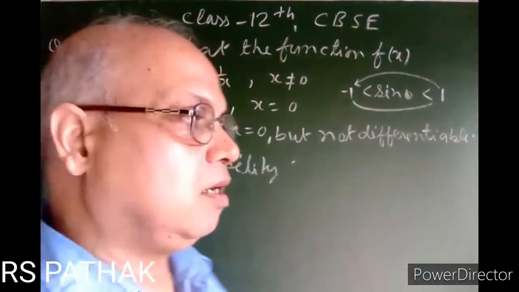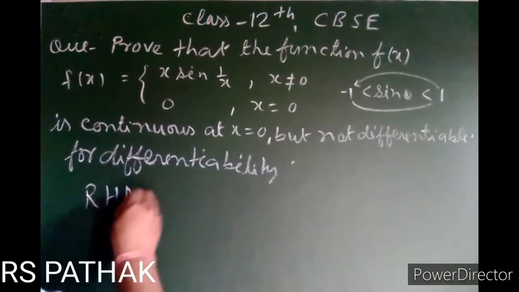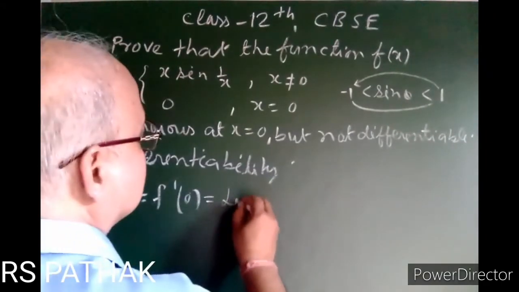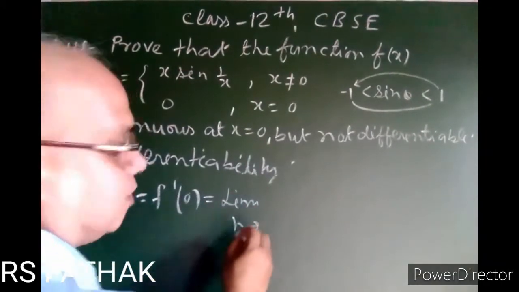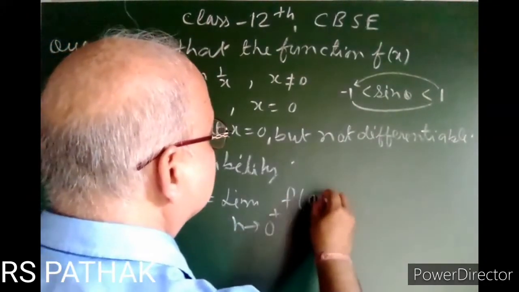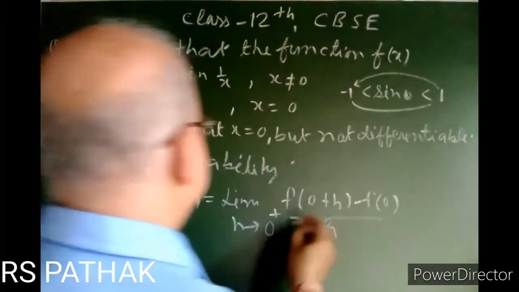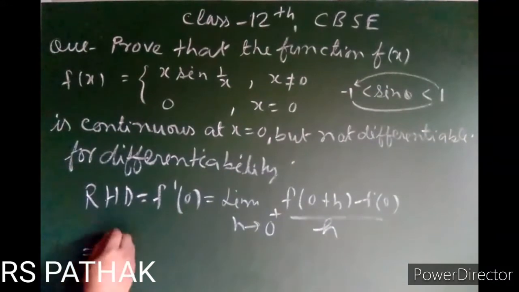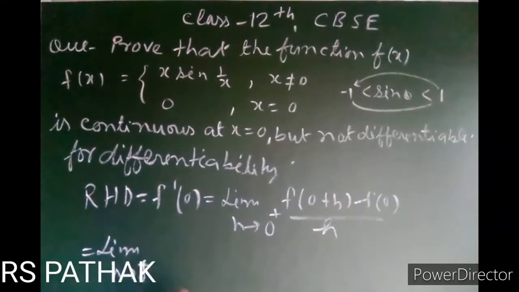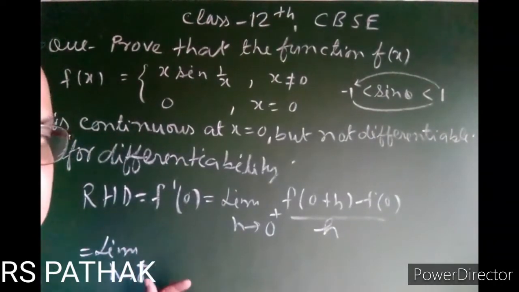Then the right hand derivative f'(0) equals limit h tends to 0 plus of [f(0 + h) - f(0)] upon h. Here 0 plus is only a symbol. It does not have any meaning. It's a symbol for the right hand limit.